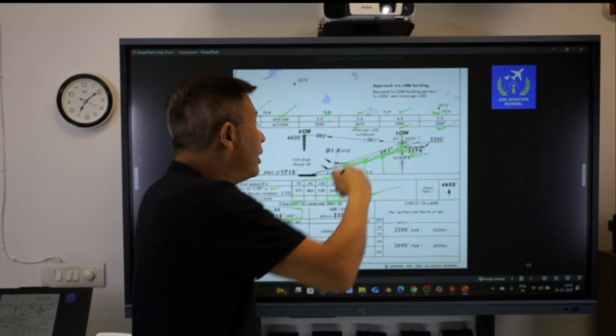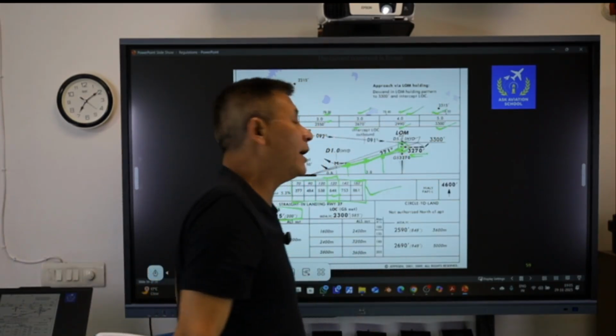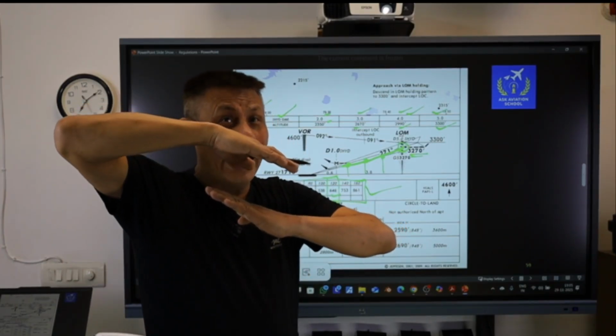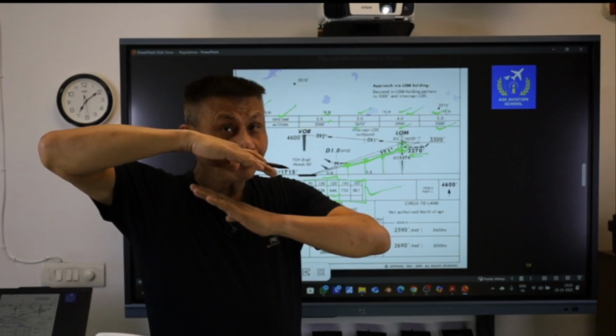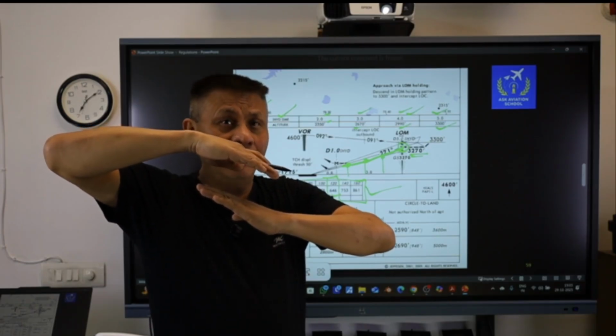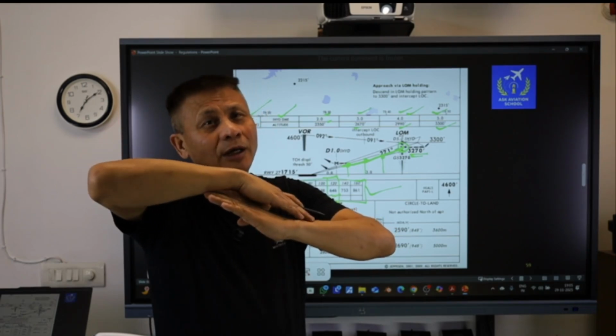If the altimeter is showing higher than, let's say, 2990 in this case, I am above that glide path, or I am above the desired path on which I am supposed to descend. In that case, I will increase the rate of descent to come onto the desired path.